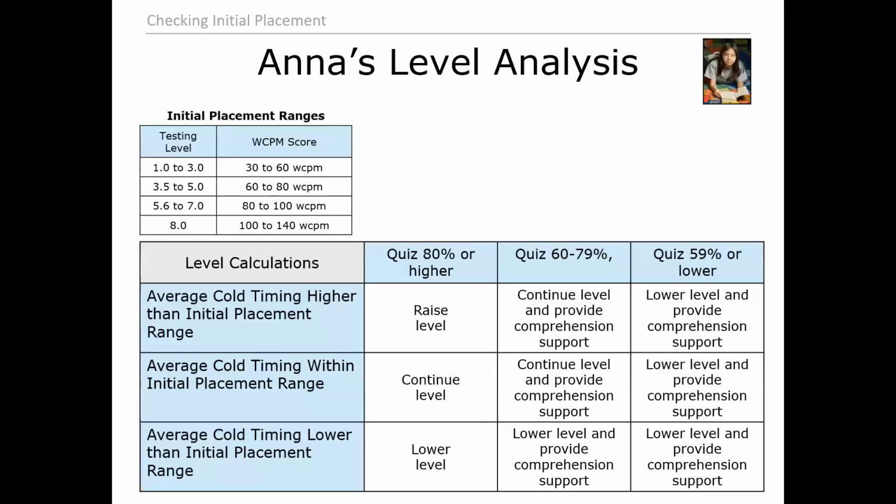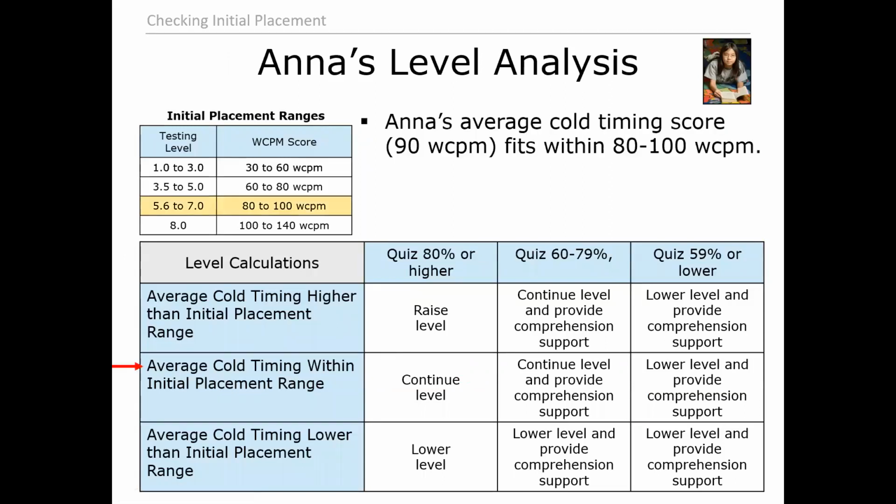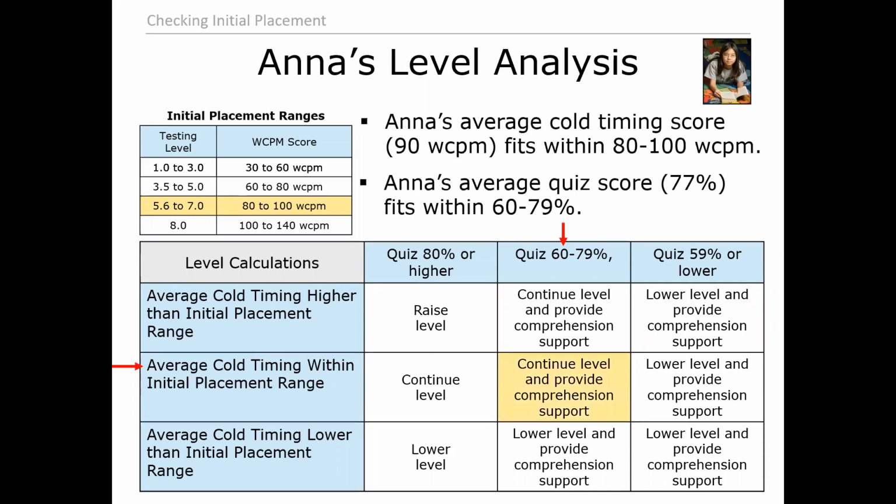Okay. Now let's look at the level analysis table to see the rationale behind this. We can see that Anna's average cold timing score, 90 words correct per minute, falls within the range for level 5.6. We can see that Anna's average quiz score, 77, is within the range of 60 to 79. That's that middle column.